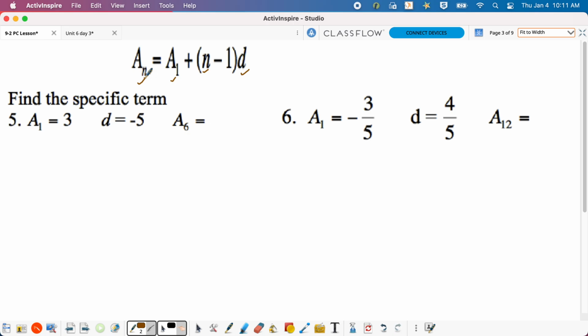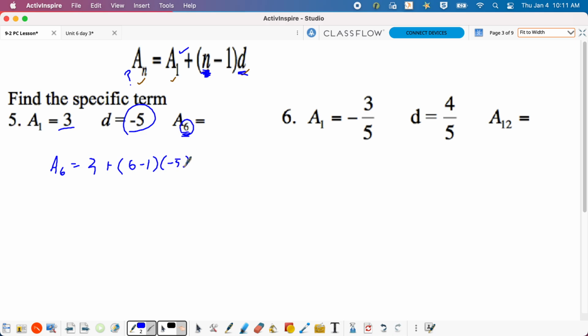So for this first problem, I want to find the 6th term, a sub 6, when my first term is 3 and my difference is -5. All right, so going through the formula, this is what I'm trying to find, a sub n. I have the first term of 3. I have an n value of 6, subtract 1, and my difference is -5.